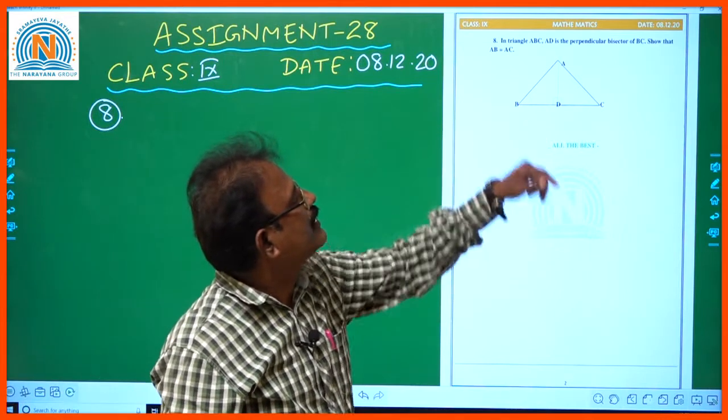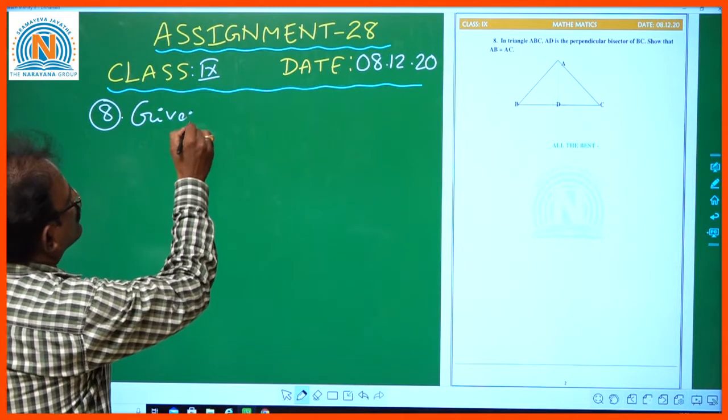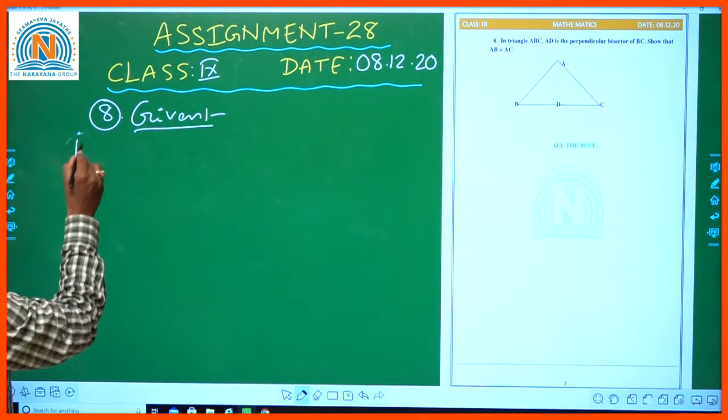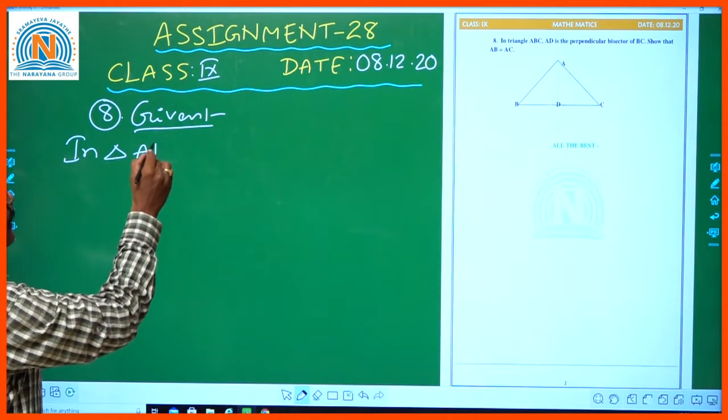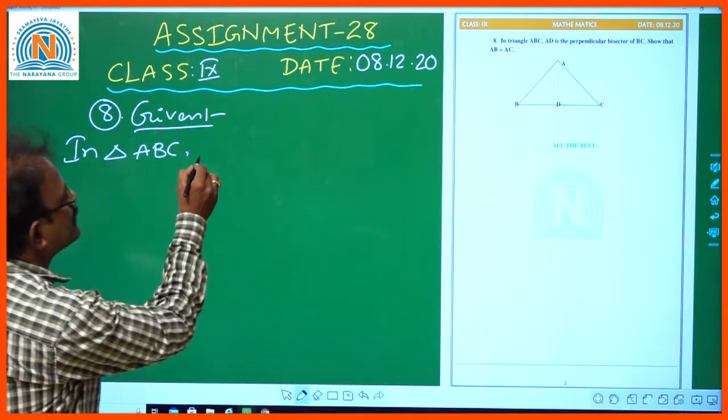In triangle ABC, AD is perpendicular to BC.